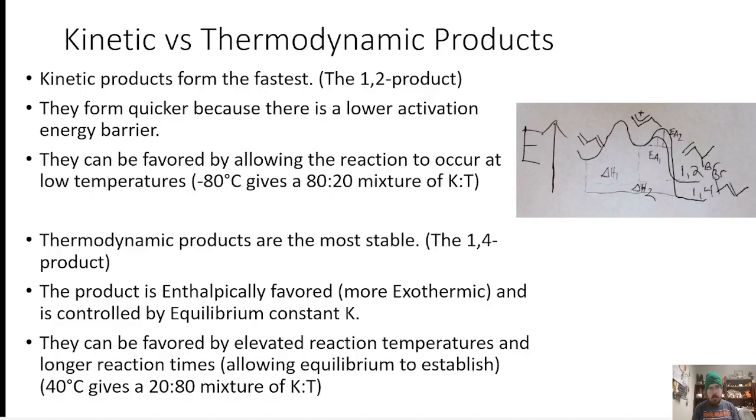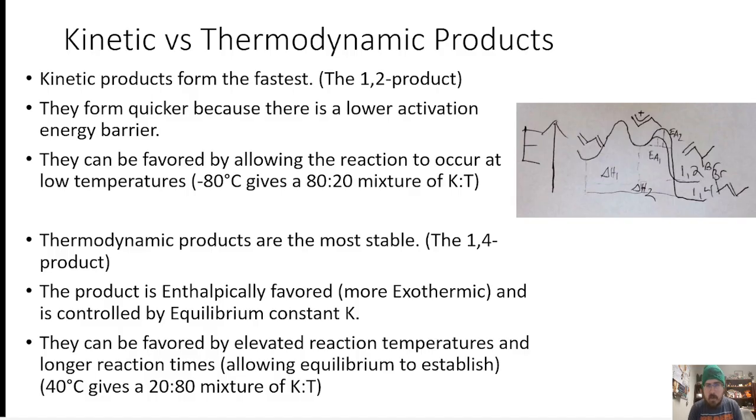Also, you can make the argument that the primary carbon has just attacked the hydrogen, so the bromine is going to be closer to carbon 2 than it is to carbon 4.